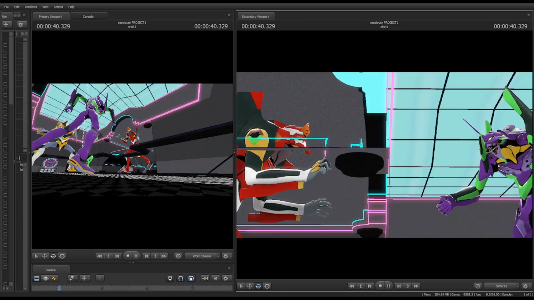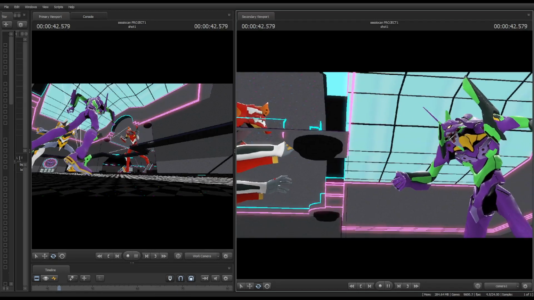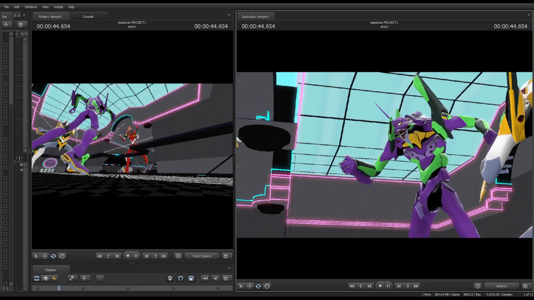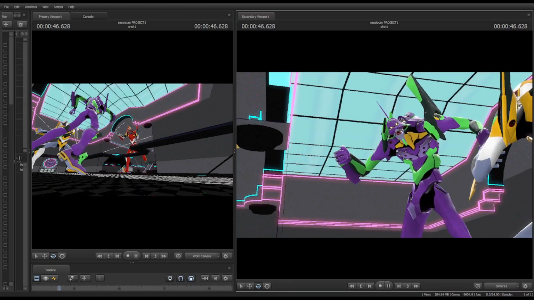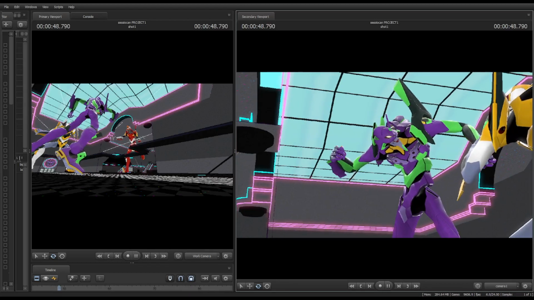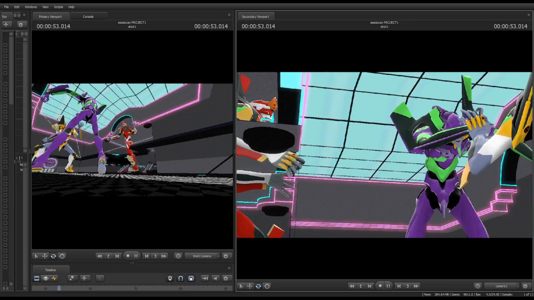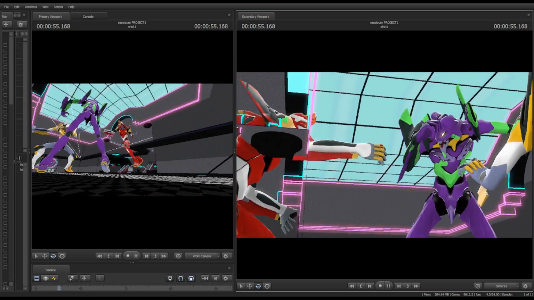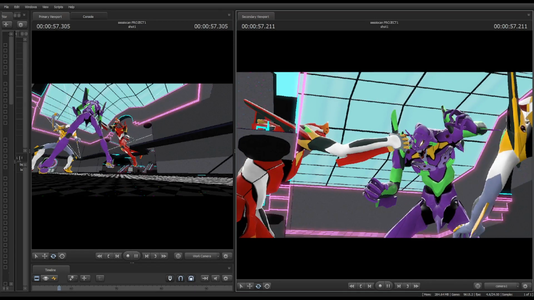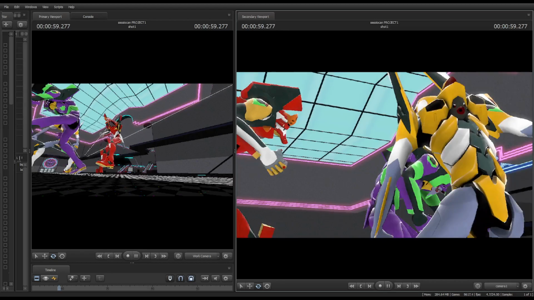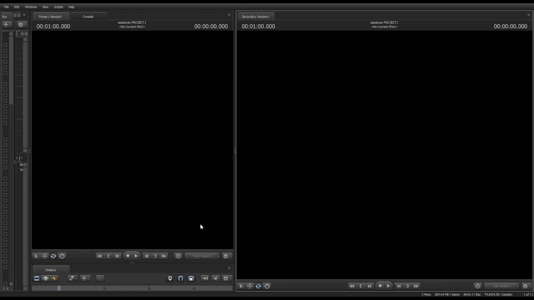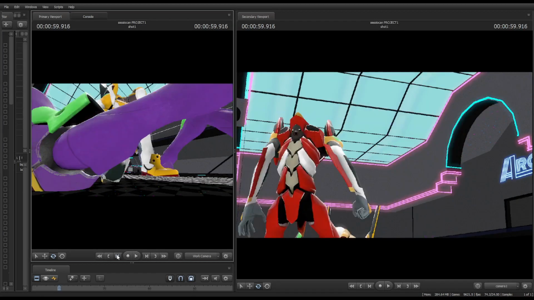Unit 2 is confused. She moves aggressively at the Unit 0, is distracted by the Unit 2, gets absolutely domed. I could adjust that.